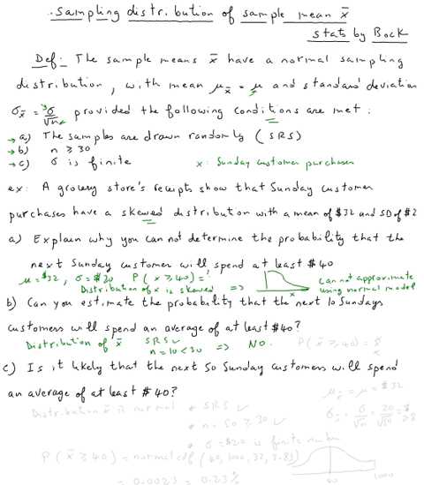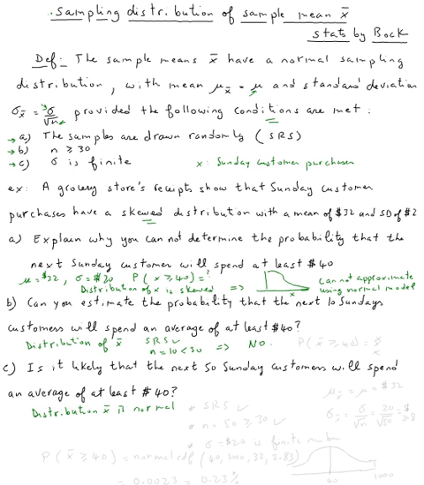Now question C, is it likely that the next 50 Sunday customers will spend an average of at least $40? Now here we don't have a problem because we know the distribution of X bar is normal. Why?